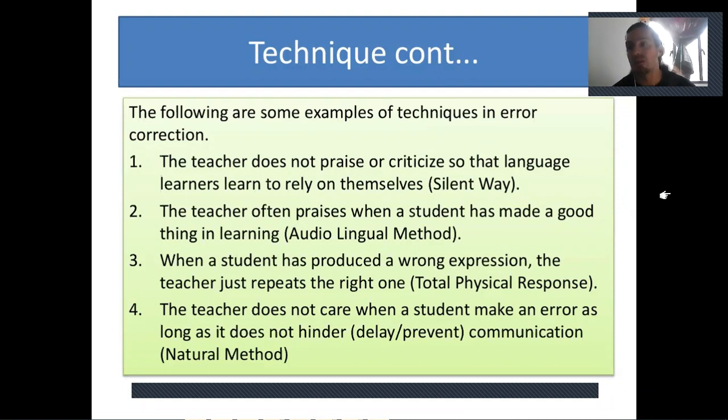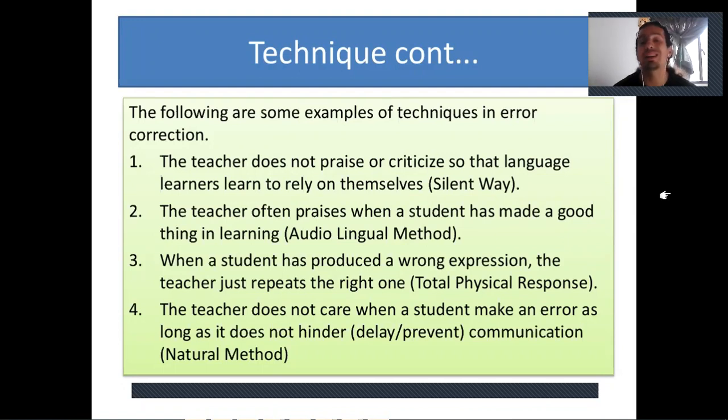For example, if it is going to be a role play, the role play has been memorized, right? So as it was memorized, you can interrupt the student right here because the student is going to follow a script. But if it is just a presentation, right? Maybe you can do the correction at the right moment or after the presentation, right?